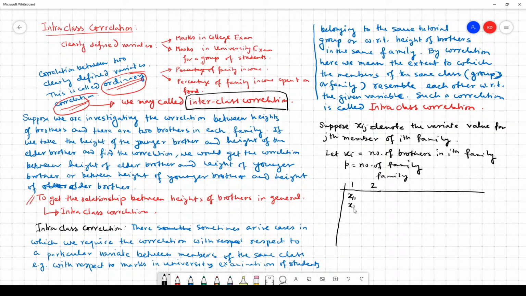Similarly, x12 is the height of the second brother in family 1, then the third brother in family 1, and this is the k1th brother of family 1. Similarly, x21 is the height of the first brother in family 2. This is the second brother of family 2, denoted by x22.